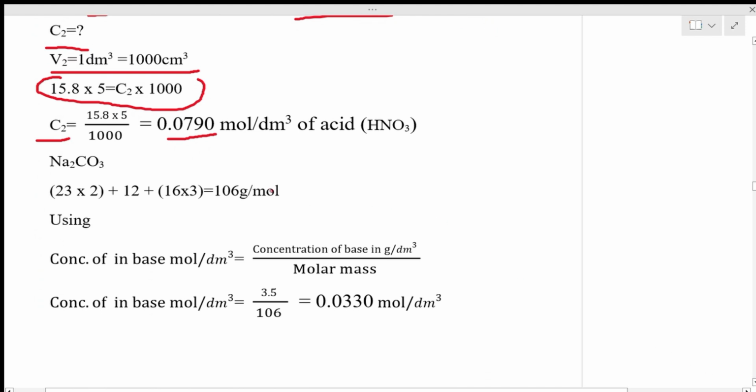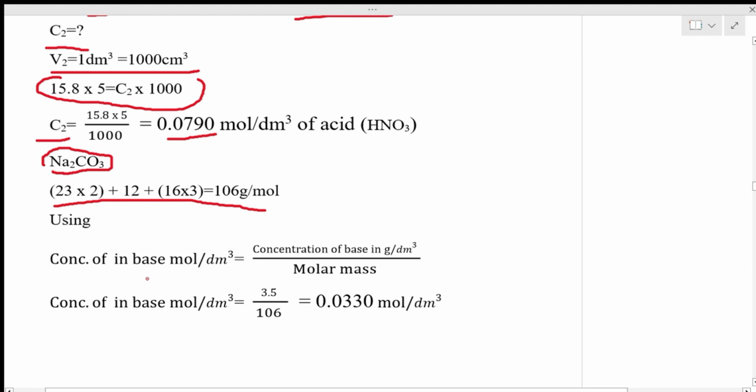Of course, there is going to be a balanced chemical reaction that I will show you below between the acid and the base. So this is the base we are going to use. Calculating the molar mass for the base, we have 2 moles of sodium times 23, the value of carbon is 12, and the value of oxygen is 16 times 3. Everything is 106.